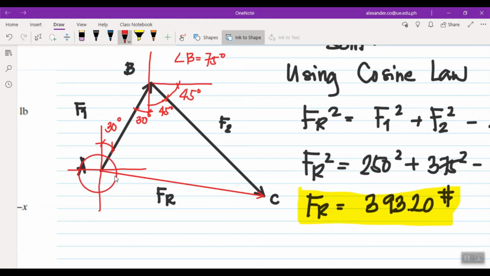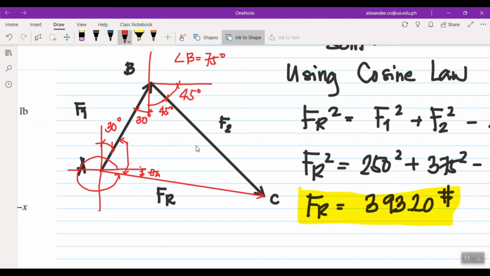Counterclockwise from the x. Okay? So, yan. So, ano yung angle na yan? So, kunin muna natin siguro tong angle na to. Ito. Okay? So, angle A yan. Tapos, ito, kailangan natin din to. I'll call this theta A.